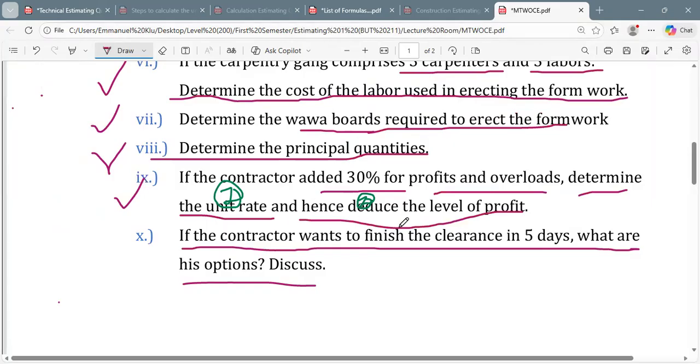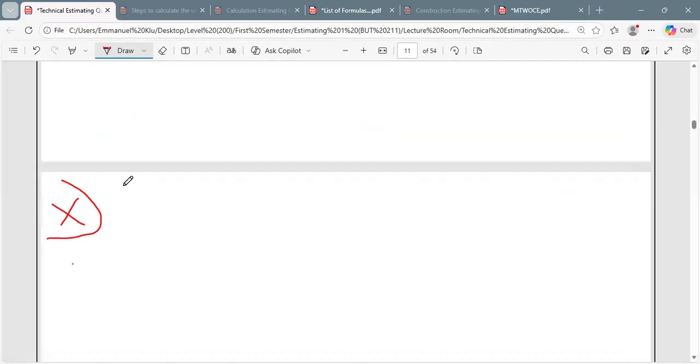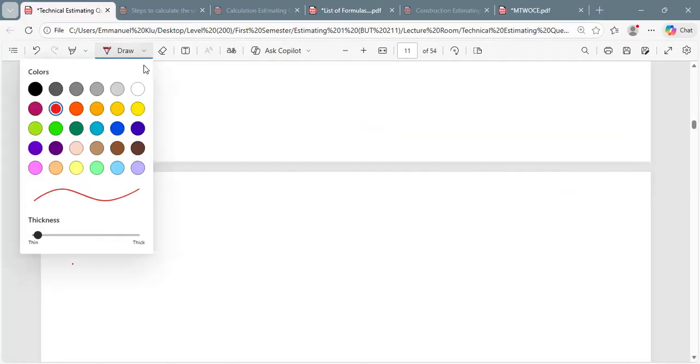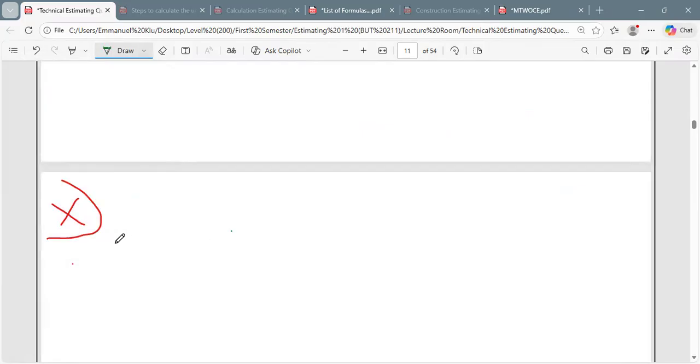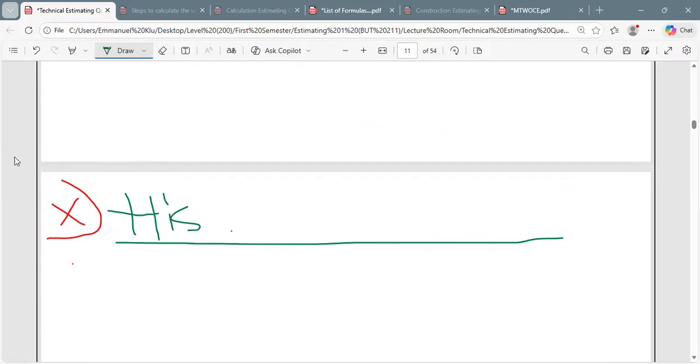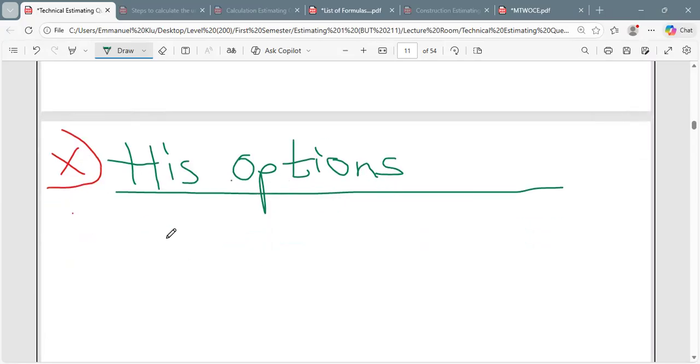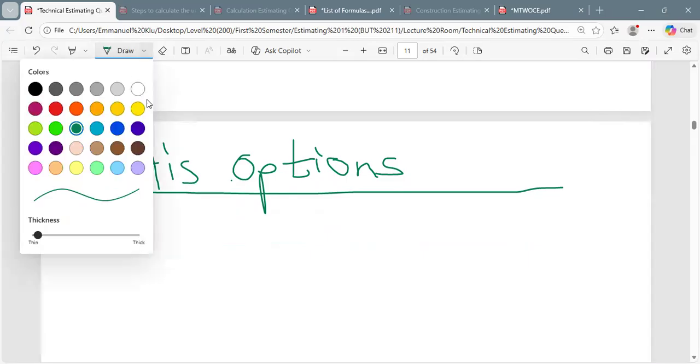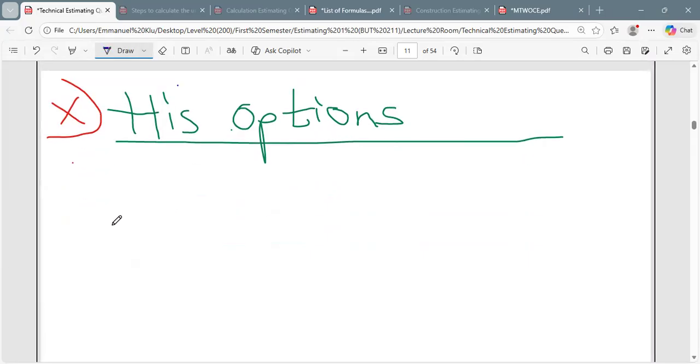If the contractor wants to finish the clearance in 5 days, what are his options? So let's put it over here. His options. So quickly, we are going to start from here.